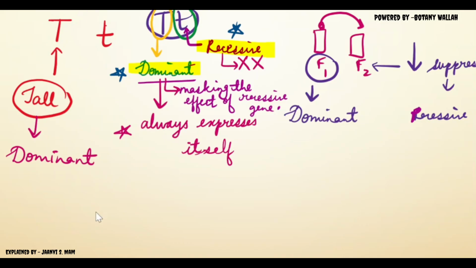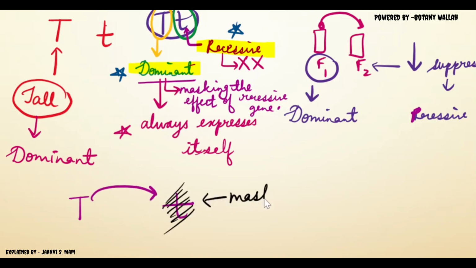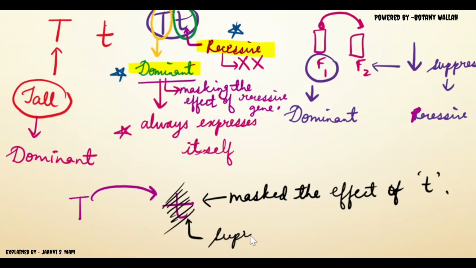So capital T is one allele and small t is one allele. This capital T will mask the effect of small t, which means small t will get suppressed. If it is getting suppressed, then it is known as a recessive gene.